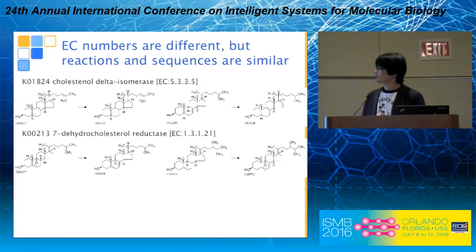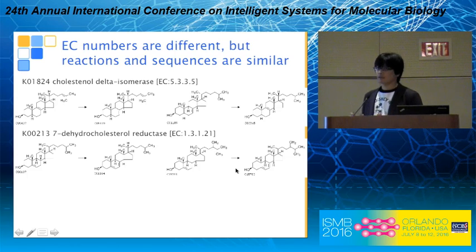This is not the only case. There's another case where EC numbers were different, but reactions and sequences are similar, and this is another example that comes from a different ortholog and different EC numbers, but the reaction substrates look very similar to each other, right?